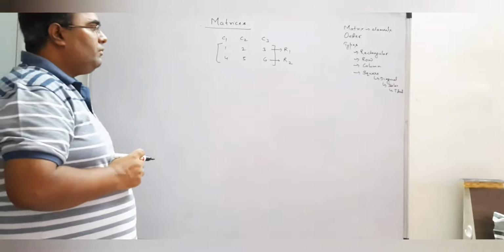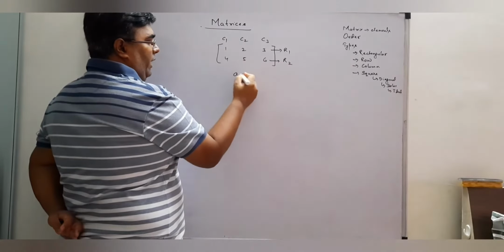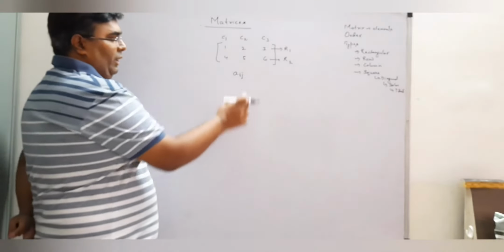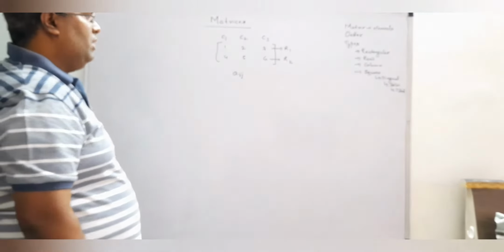Now we denote all these individual elements as Aij. What is i? What is j? I'll just let you know. All these elements are denoted by Aij.